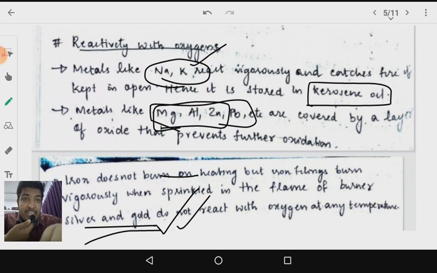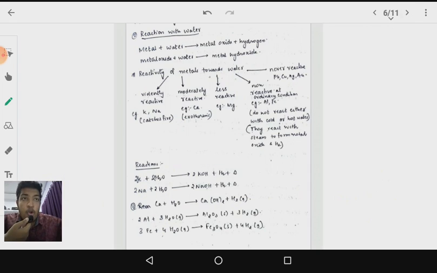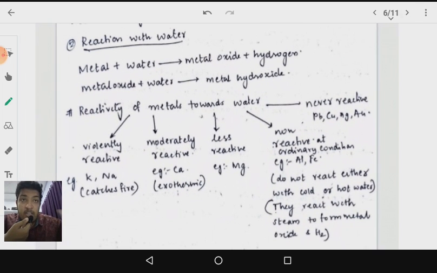So from here we can see that the reactivity with oxygen is maximum for sodium and potassium, moderate reactivity for magnesium, aluminium, zinc and lead, a little lesser reactivity for iron, and least reactivity for silver and gold, also for platinum. So now let us move on to the next one, that is reactivity with water.